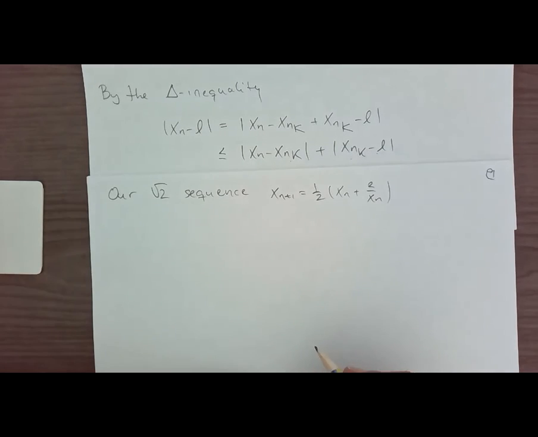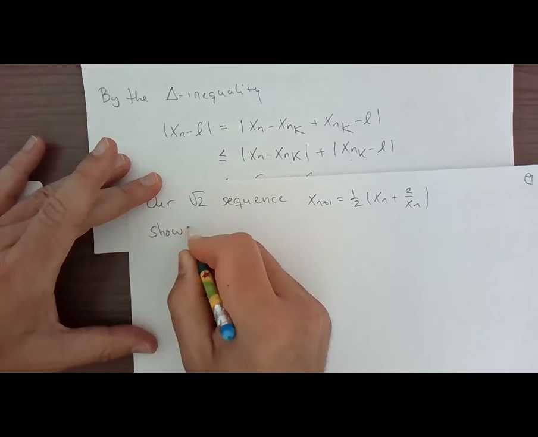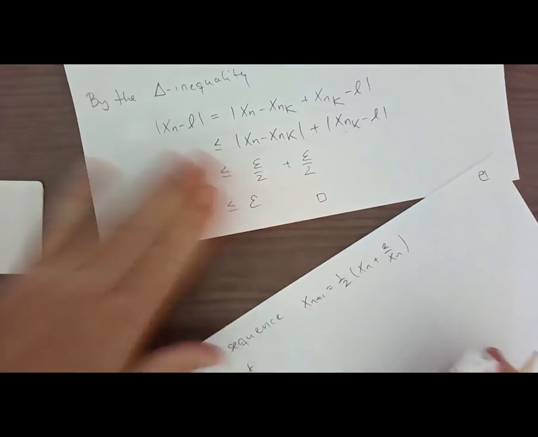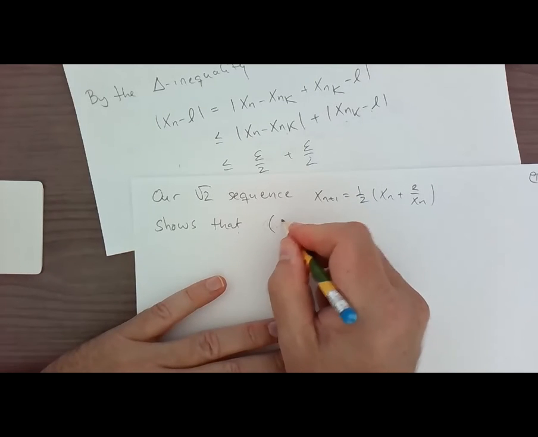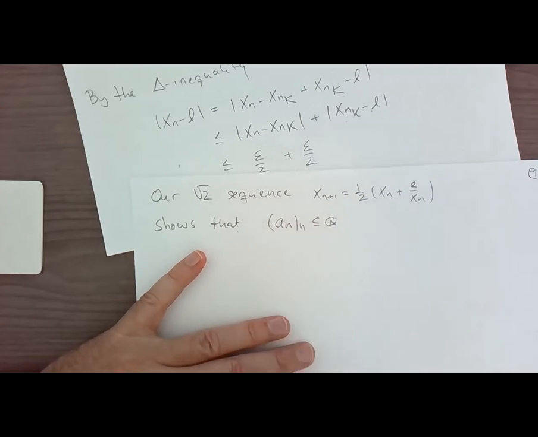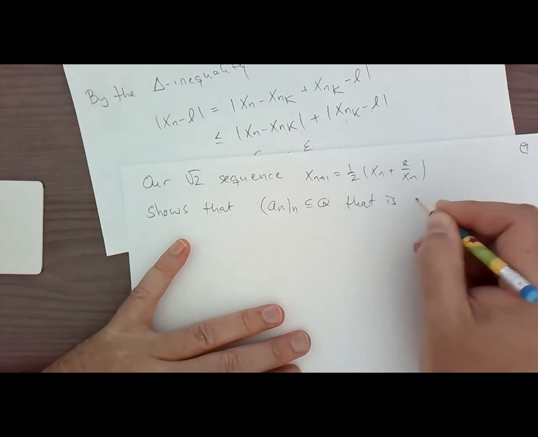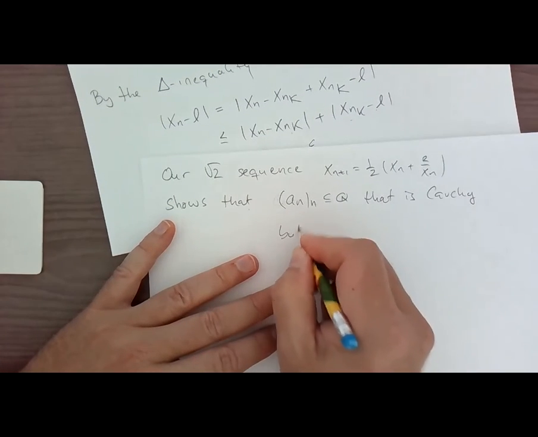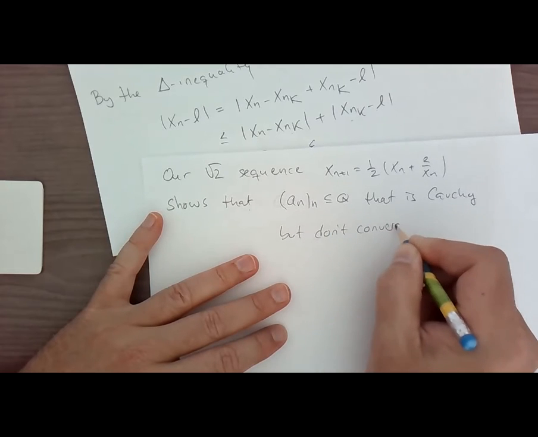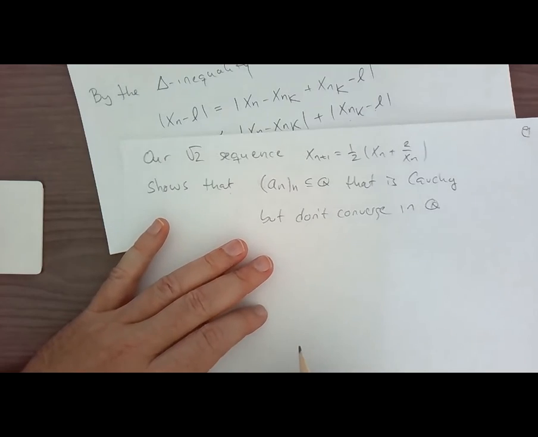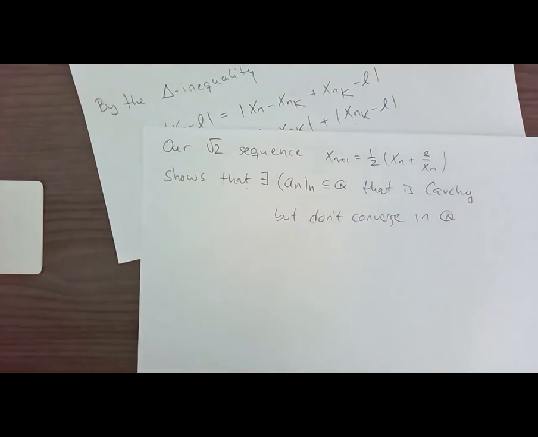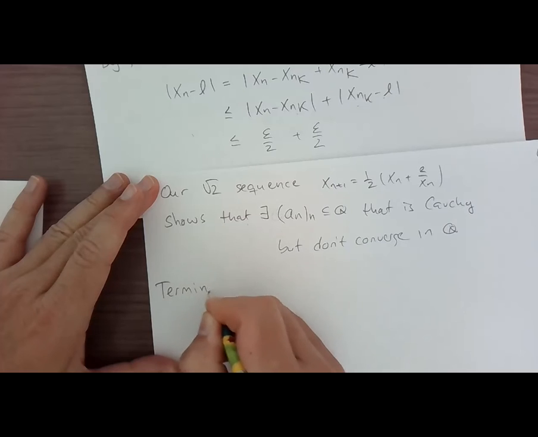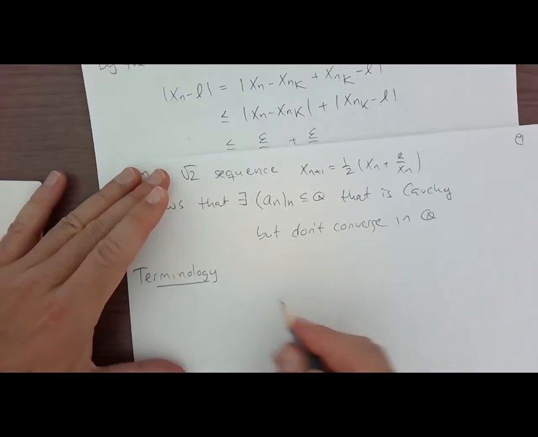Our square root of 2 sequence shows that if I take a sequence inside Q that is Cauchy, there exist such sequences that are Cauchy but do not converge in Q. And so the terminology that people use is that Q is not complete.